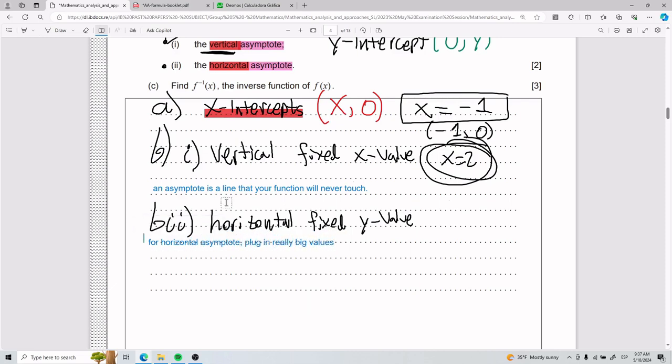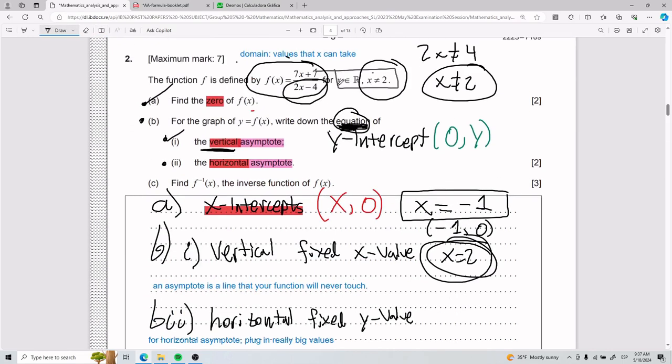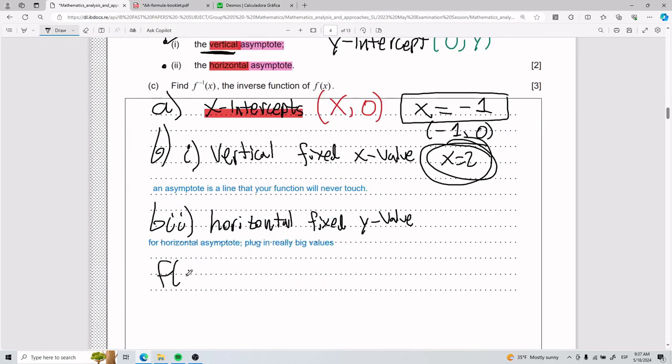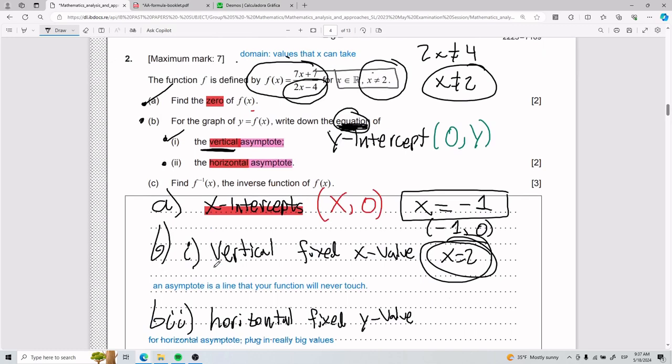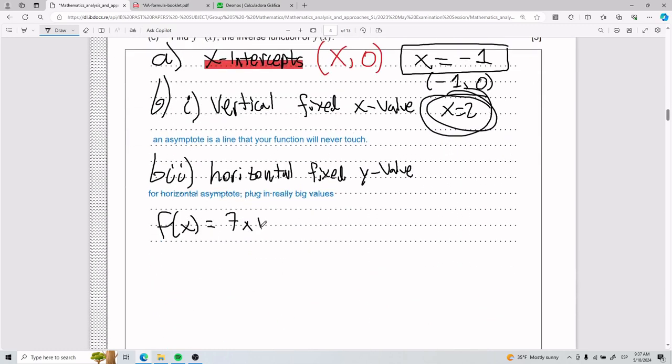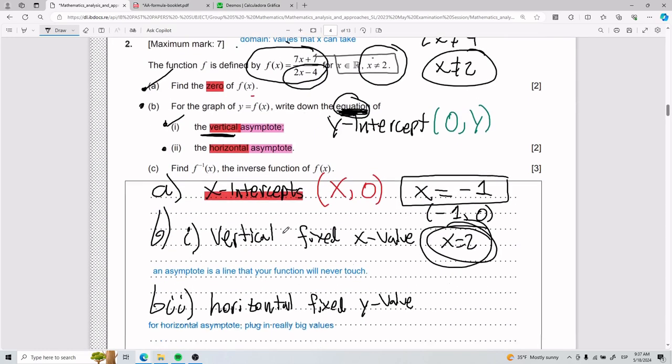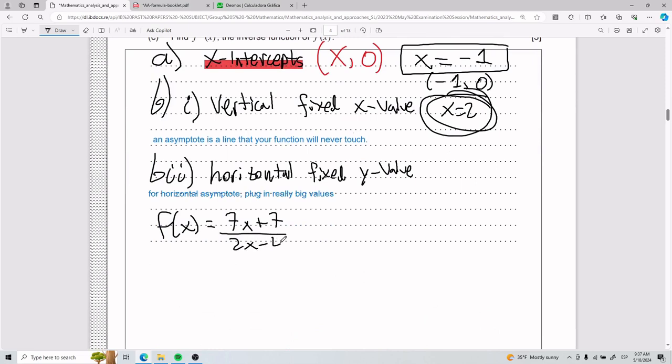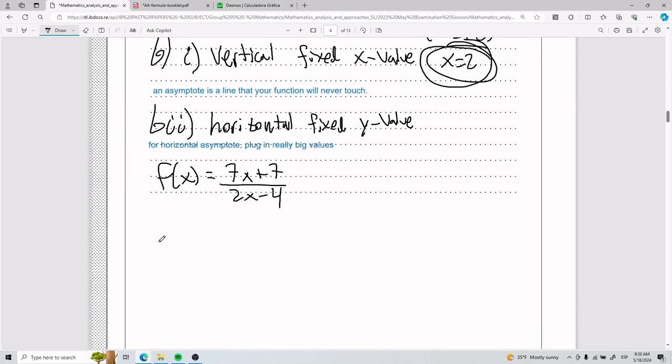For example, my f of x, as we said, is 7x plus 7 divided by 2x minus 4. If I go ahead and plug in something like 100, you end up with 7 times 100 plus 7 divided by 2 times 100 minus 4.